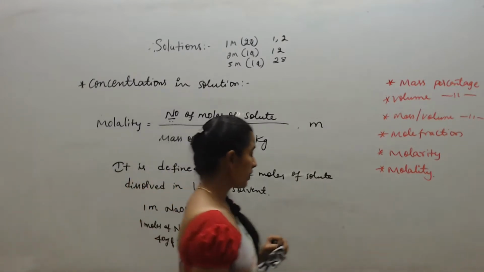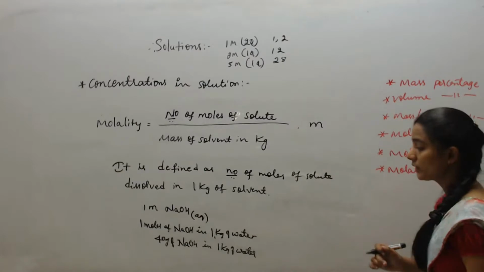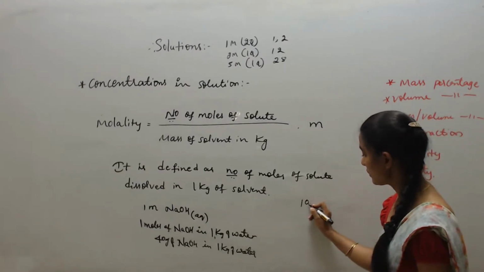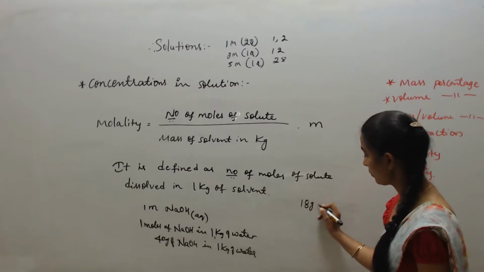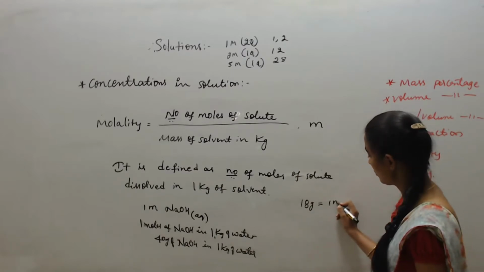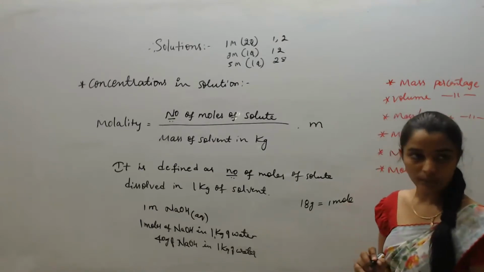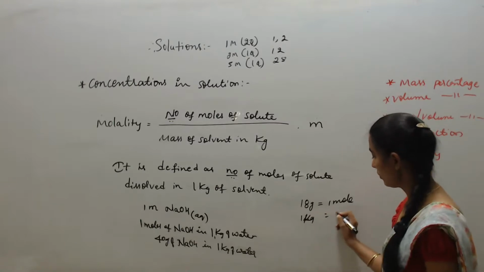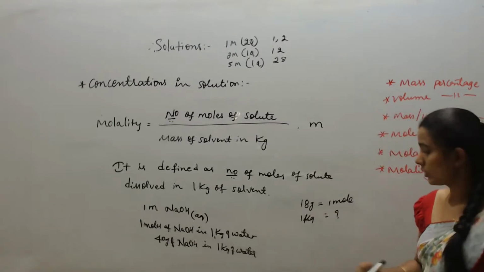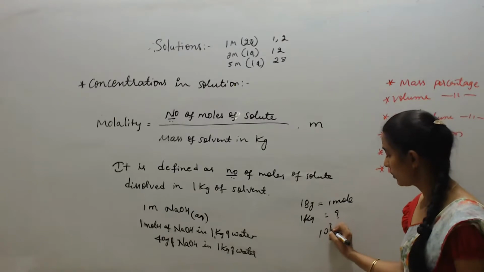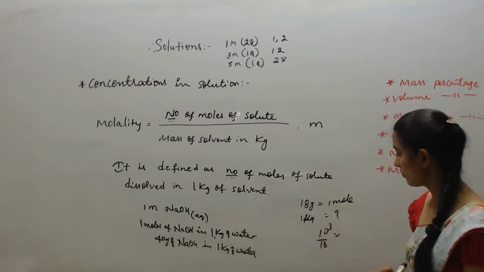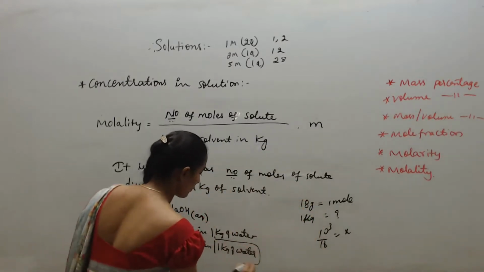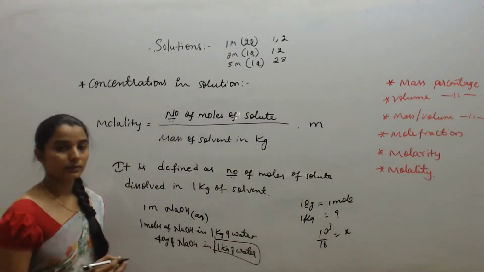Okay. So we have to convert it into 1 kg, students. How much water is in 1 kg? 18 gram is equal to 1 mole. To convert it into 1 kg, we want how many number of moles? Then we will get 10 to the power of 3 divided by 18, some value x. So this is 1 kg of water.